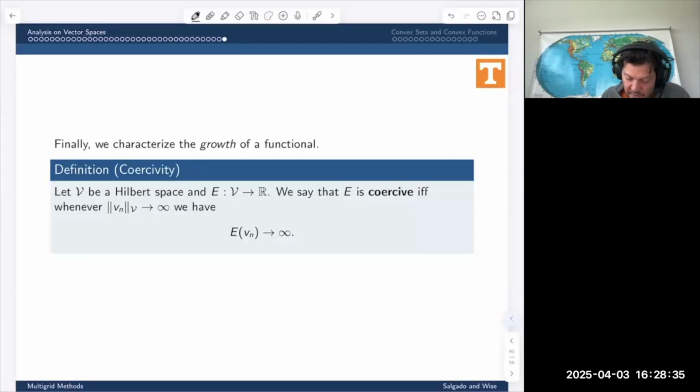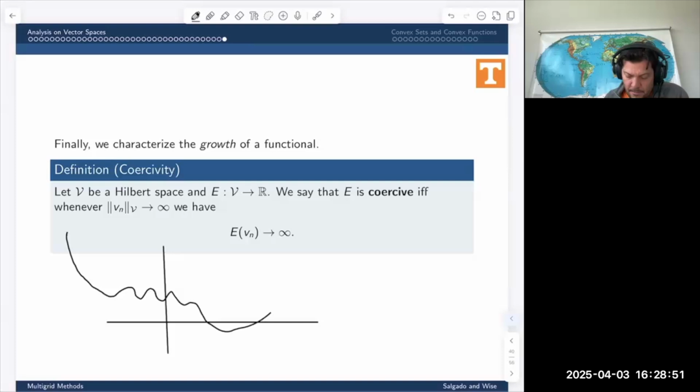So first of all, a function which looks like the following is going to be coercive. So out here in infinity, it's basically at infinity. And here near the origin, it might wiggle around a bit, might go negative.